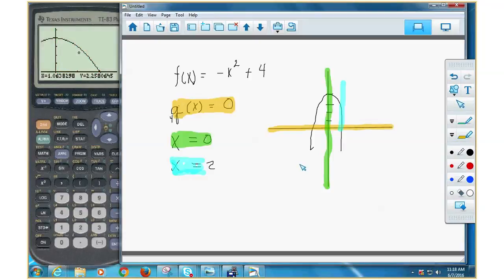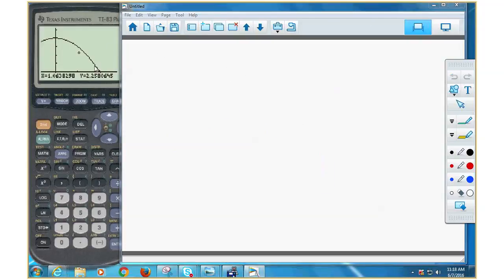All right, so which one's your highest function? Well, negative x squared plus 4 minus 0. And where are we going to go? From 0 to what? 2. So you start your integration, 0 to 2 of, I done forgot the function. What was the function?